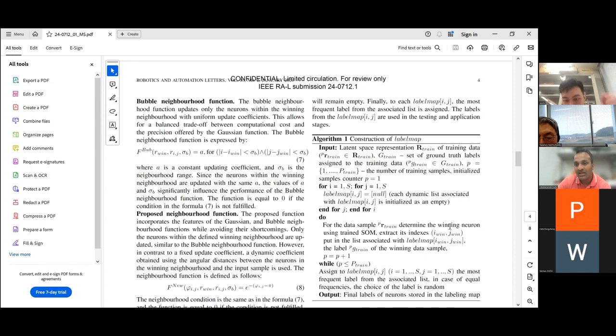For those, we define the winning neuron and stack it as an index, and then we match these winning neurons with the training labeling map. Of course, here we are using the training data because it has the label. So you loop over each data sample, determine the winning neuron, stack it in the index, and put it in the list of the labeling map. This is how we calculate. This is the one part of that.